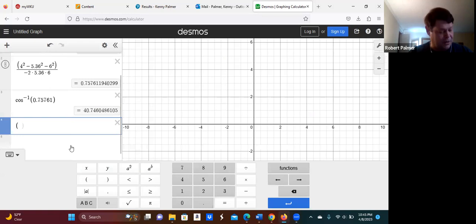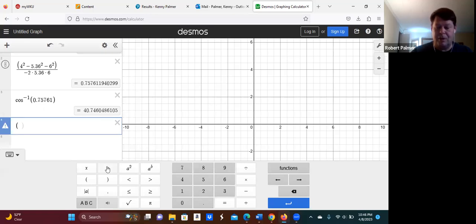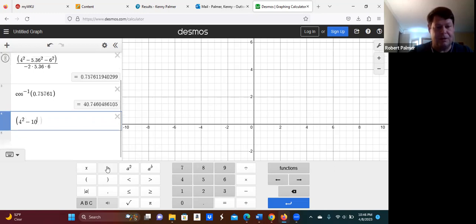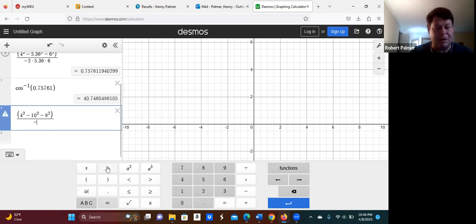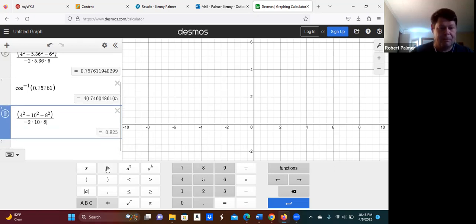I'm going to use parentheses here. So 4 squared minus 10 squared minus 8 squared, close the parentheses, then divided by minus 2 times 10 times 8. And as we see, that came out with a few decimal places, 0.925.